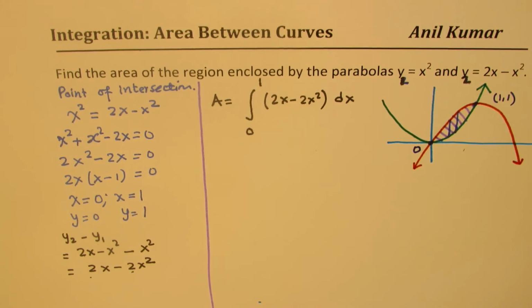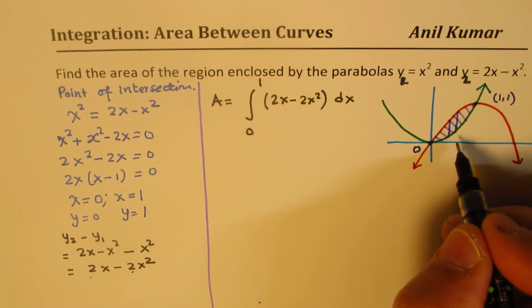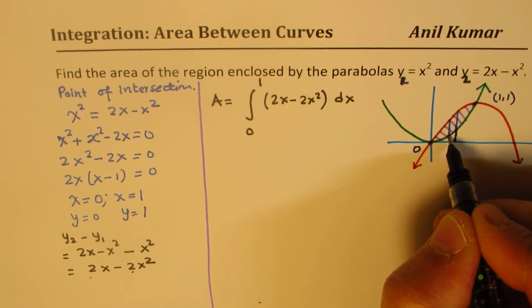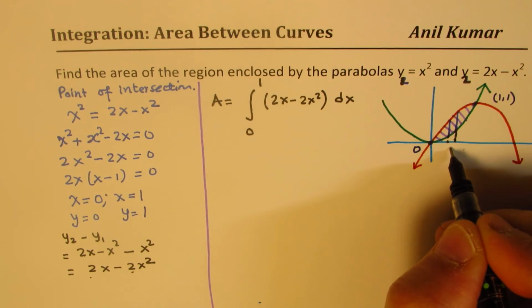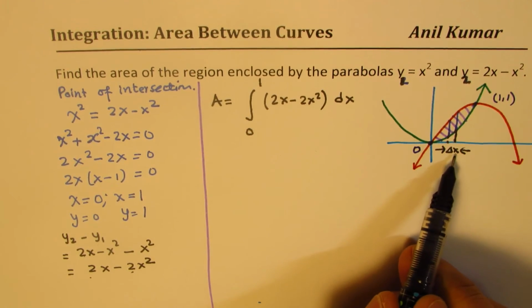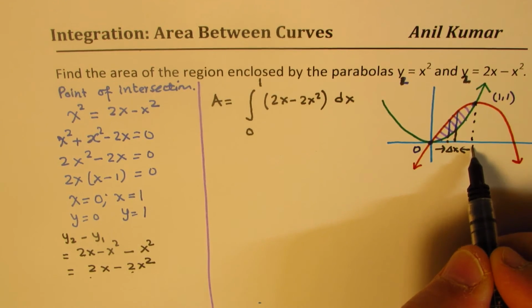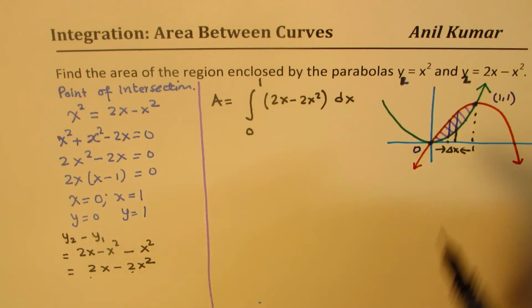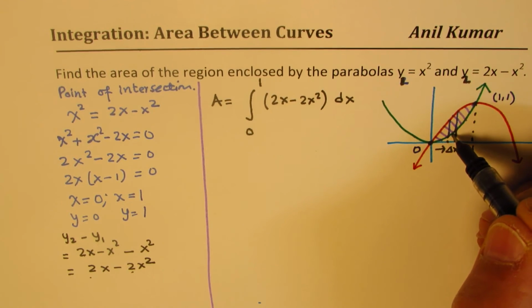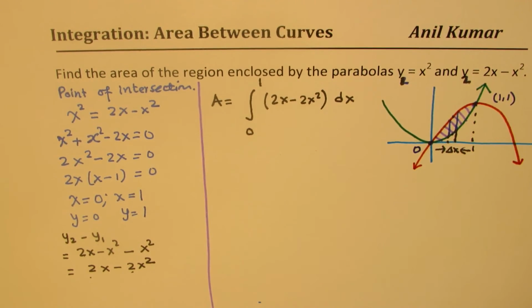So that is how we are going to find the area between the two curves. Now, delta x, of course, is the width of each rectangle which we're taking here. So x varies from 0 to 1. Correct? And on the y side, it is varying from one curve to the other, and therefore we have taken the difference. That is the basic concept.